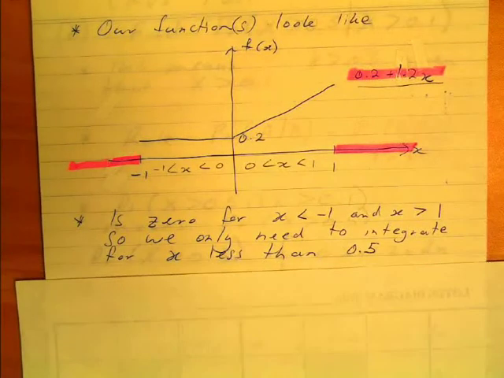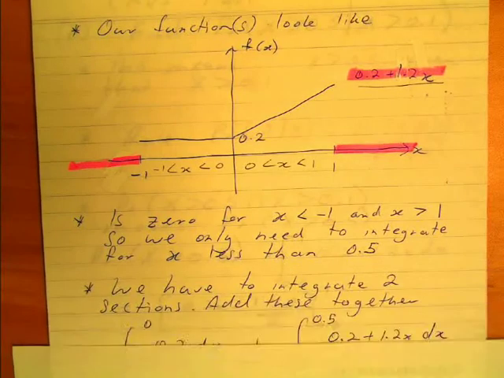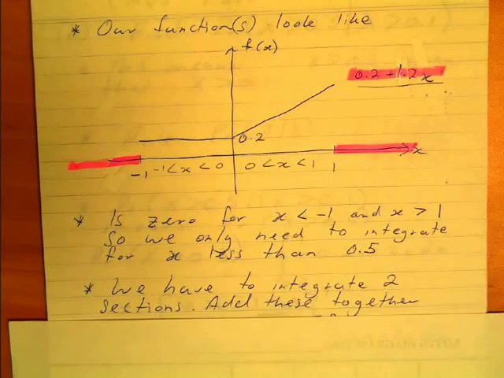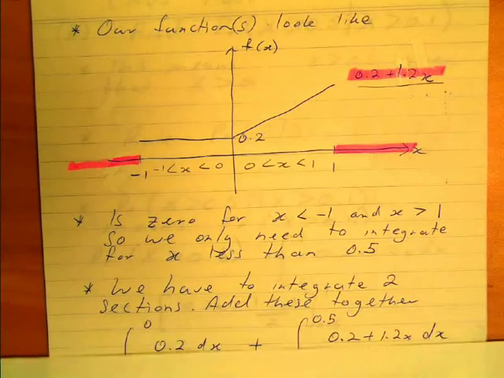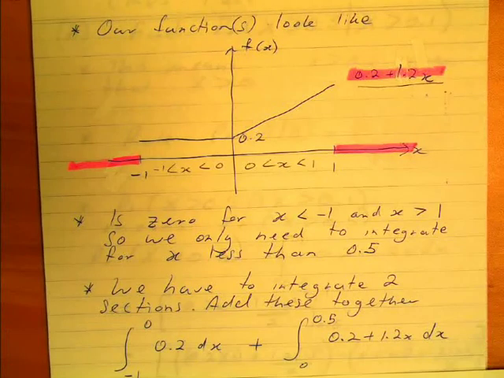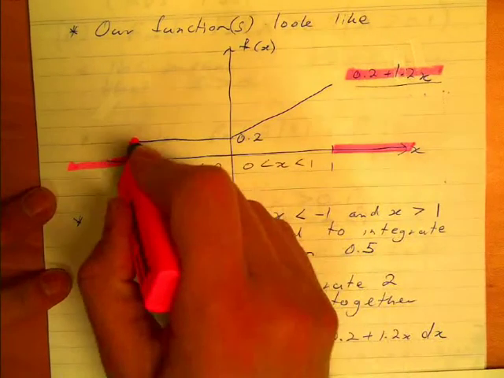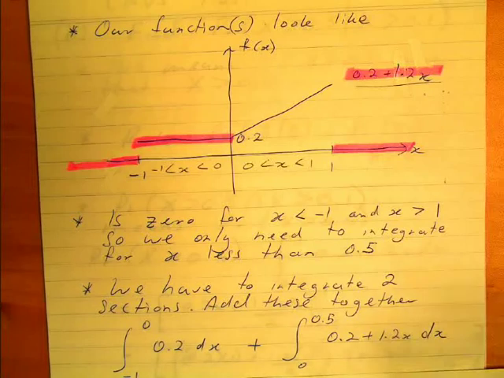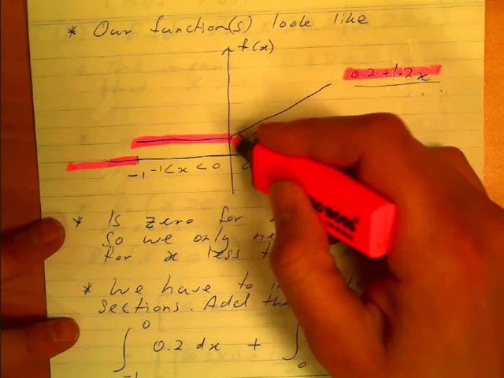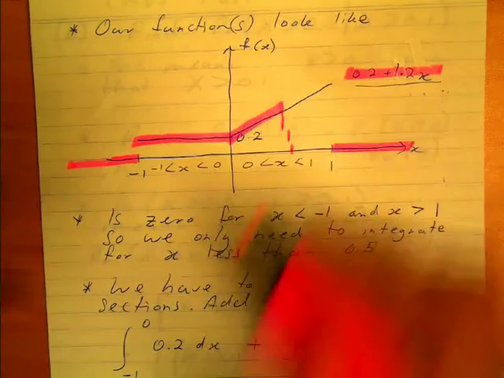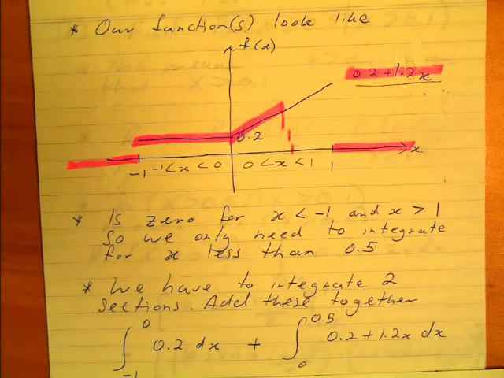So we only need to integrate for x less than 0.5. We have to integrate two sections and add these together. The sections are from -1 to 0 and from 0 to 0.5, which is going to be about up here. So that's all we need to integrate.